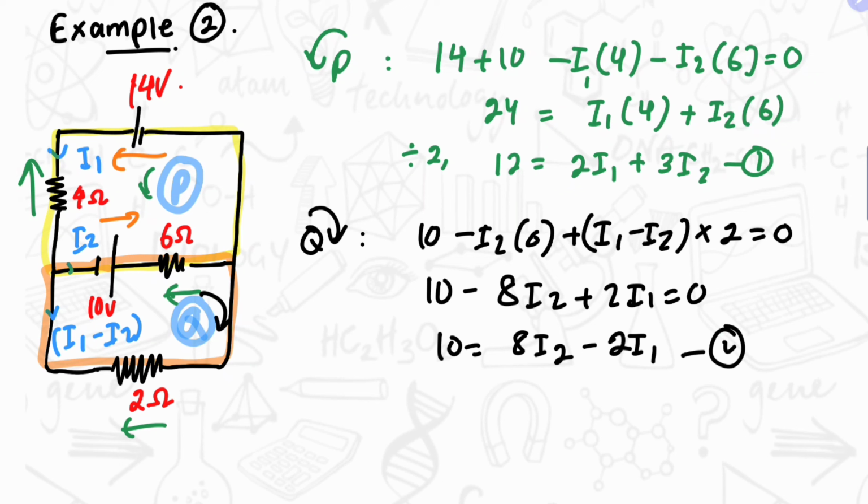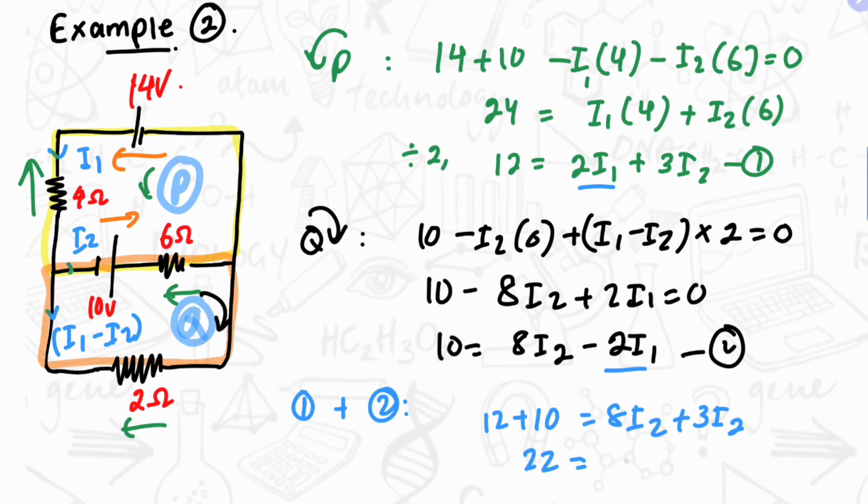So if we add the first equation with the second equation, minus 2I1 and plus 2I1 will get cancelled off. Therefore, we get 12 plus 10 is equal to 8I2 plus 3I2. Therefore, 22 is equal to 11I2 and I2 will be 2 amperes.